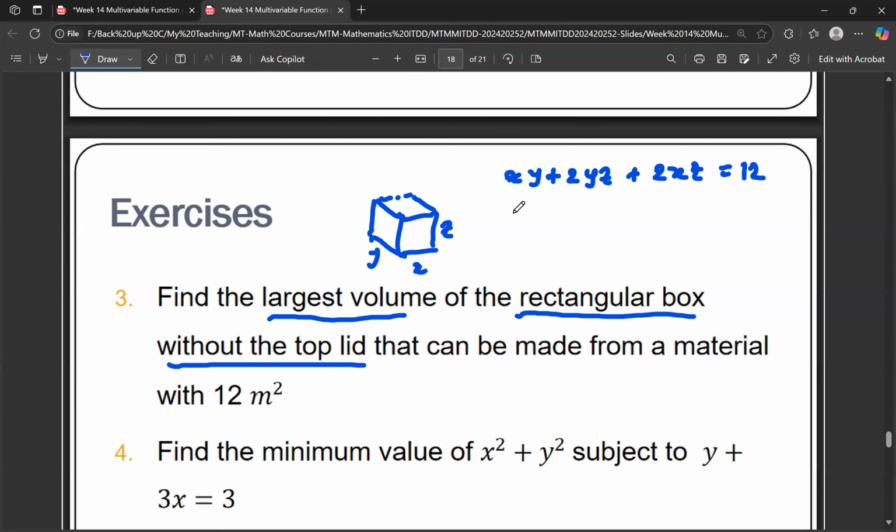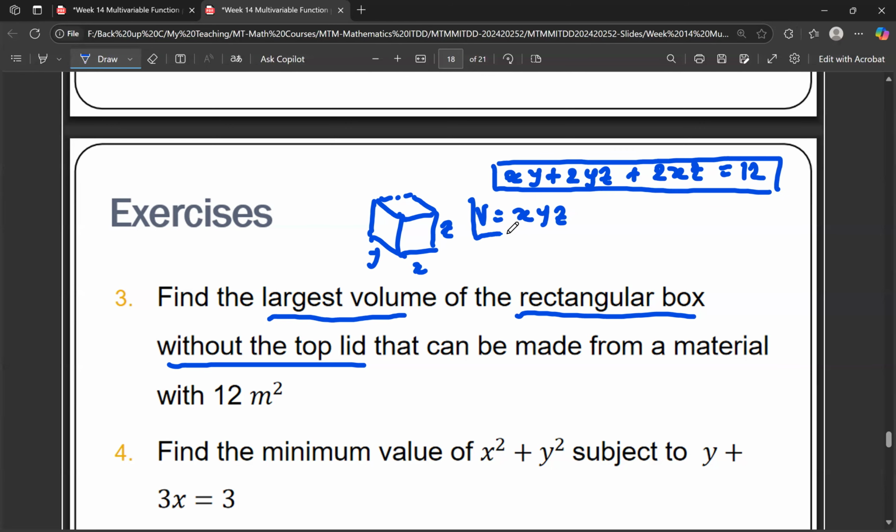So the function will be xyz. Yeah, this is the objective value, and this is the constraint.